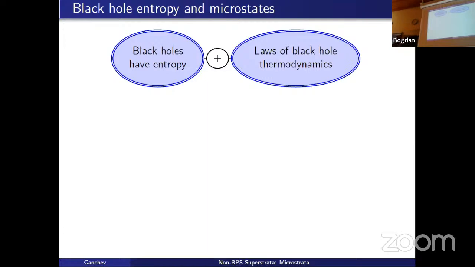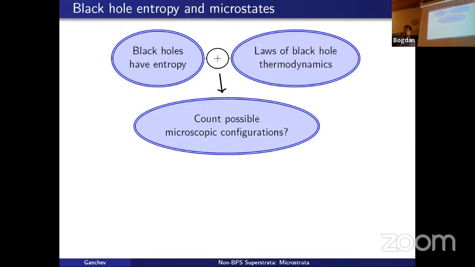And we know that from thermodynamics, if you have entropy, maybe you can talk about possible microscopic configurations that the system can be in. So the natural question arises then, should we be thinking of counting some microstates of a black hole? Now, from a classical GR perspective, that might seem a bit confusing because, especially in 4-dimensional asymptotically flat space, we have in certain situations uniqueness theorems that basically tell us that there's just one black hole, and that's it.